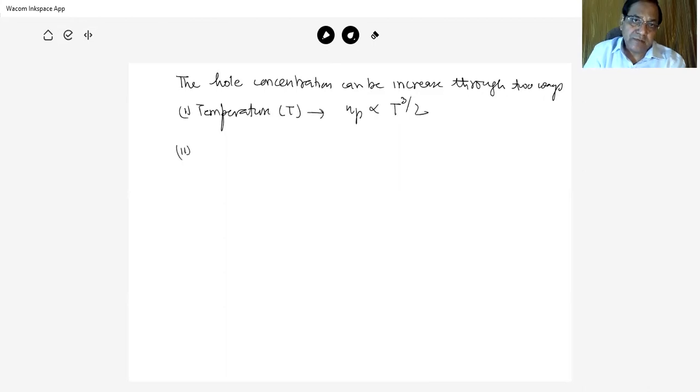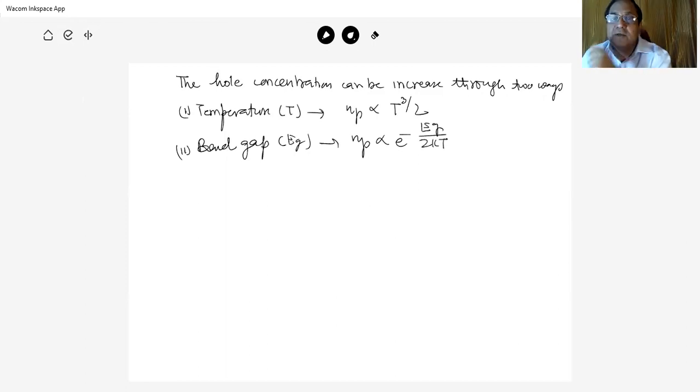And second, band gap, that is Eg, and this is Np proportional to e raised to the power minus Eg by 2 kT. So this Eg must be reduced, so that reduction in this case is a p-type semiconductor. P-type semiconductor is required for this purpose.